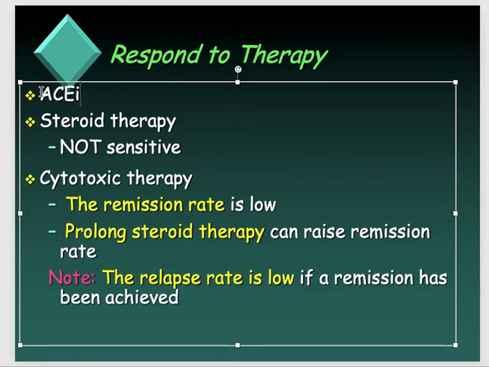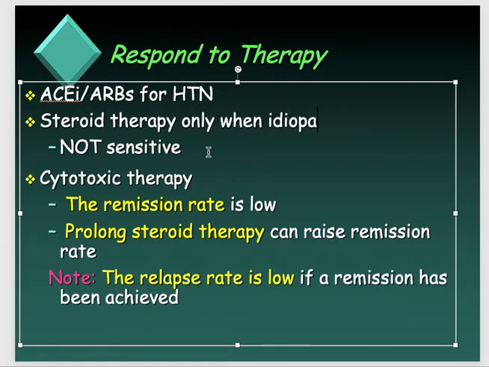ACE inhibitors or angiotensin receptor blockers, ARBs, for hypertension, right? They are not sensitive to steroids, but steroid therapy can be given only when it's idiopathic, okay? We give them steroids.